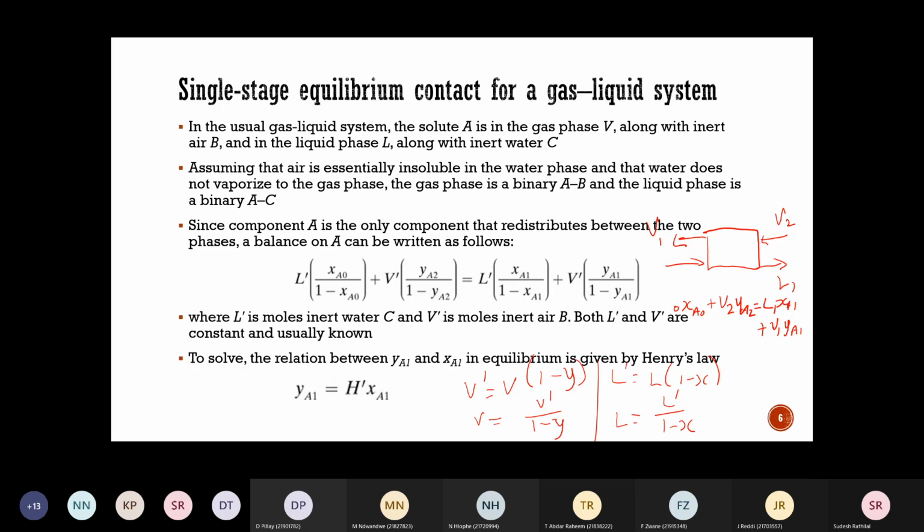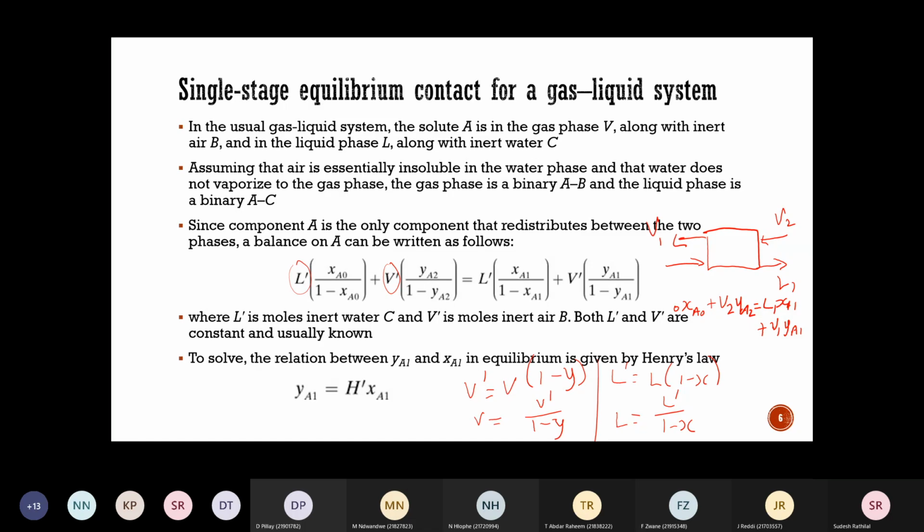Looking at this equation, if I know what L prime and V prime are, those are the inert values. Let's consider the CO2 air water system. CO2 was the solute, so that is what's redistributing between the liquid phase and the vapor phase. The inert values: the pure water flowing in the liquid phase is not changing.